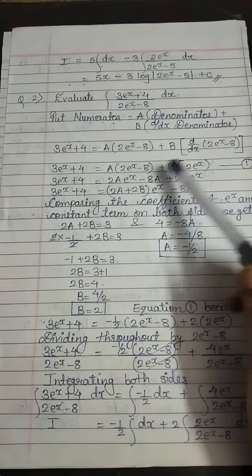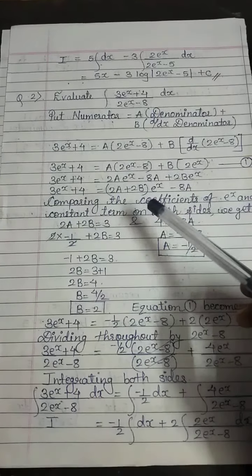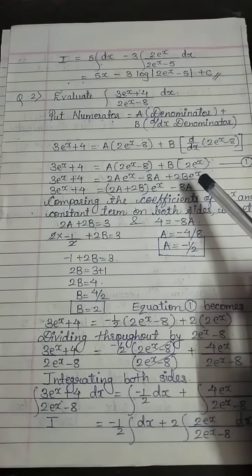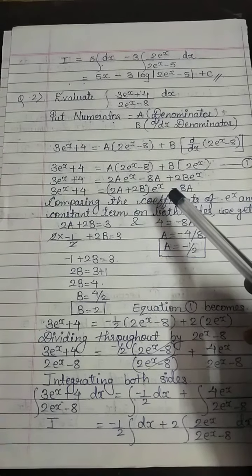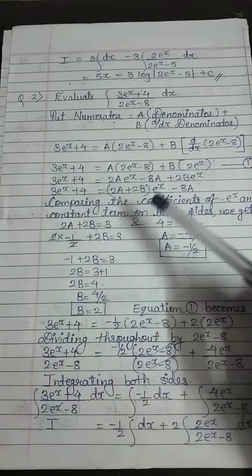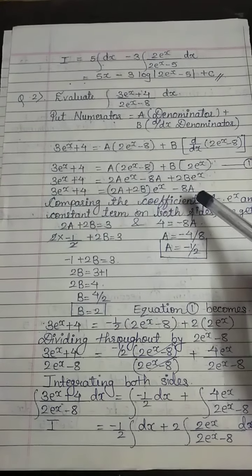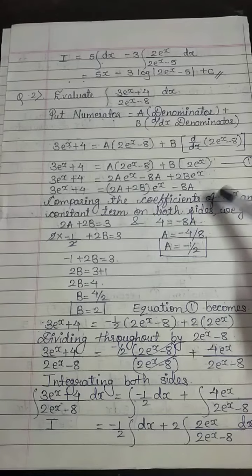Now we open both brackets by multiplying the constants given outside, then equate the terms of e raised to x by taking e raised to x common. Then we get 3 e raised to x plus 4 is equal to (2a plus 2b) e raised to x, minus 8a.